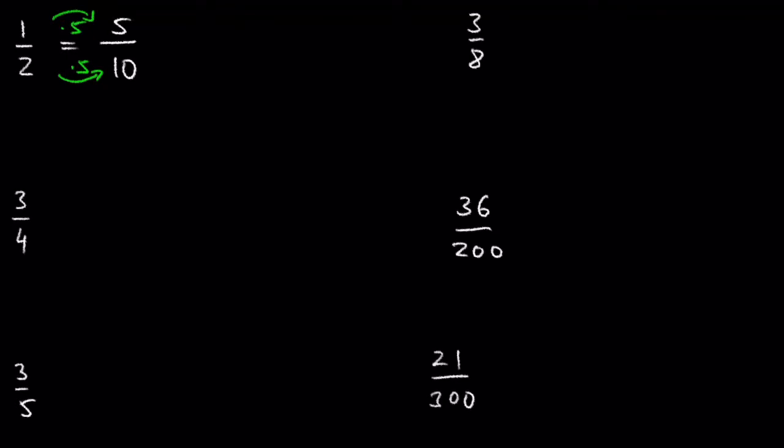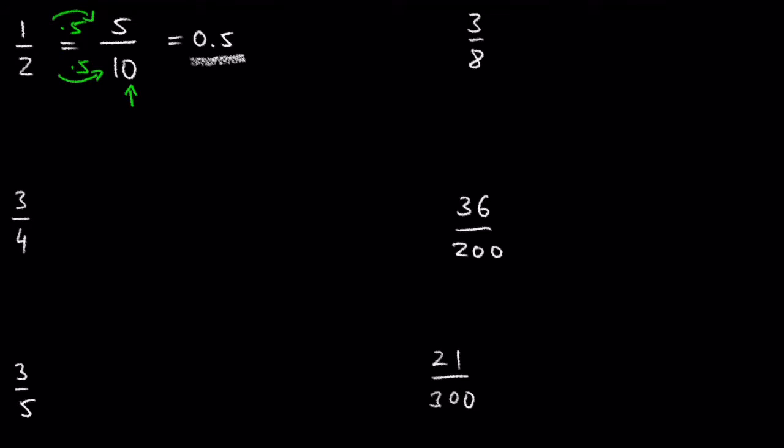Now we have 5 over 10, which is what we wanted. We have 1 zero after the 1, so we shift the decimal point of the numerator 1 place to the left, and we get 0.5. So the fraction 1 over 2 is 0.5 as a decimal.